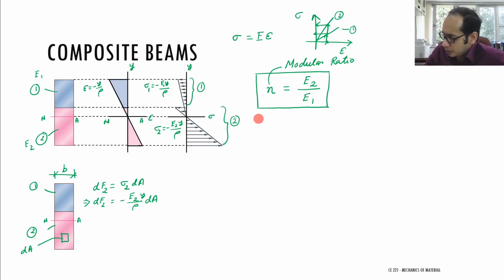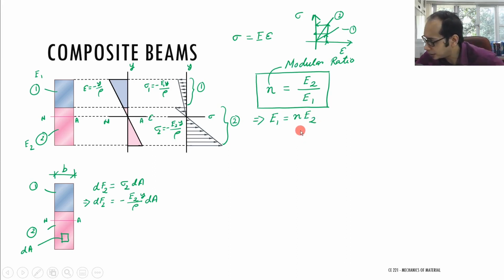So this in turn gives me E1 equals n times E2. Sorry, I think I wrote that wrong, so let me erase that. This will be E2 equals n times E1. Yeah, now it's right.